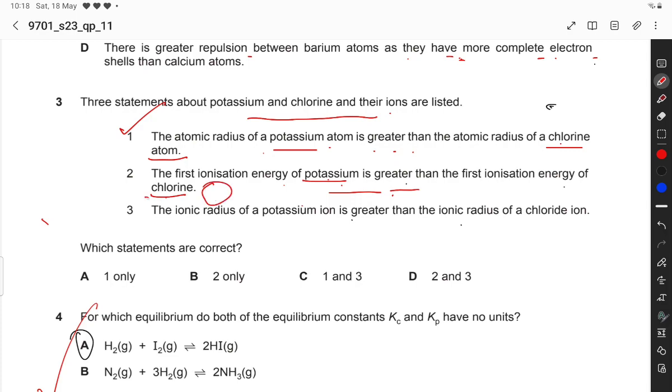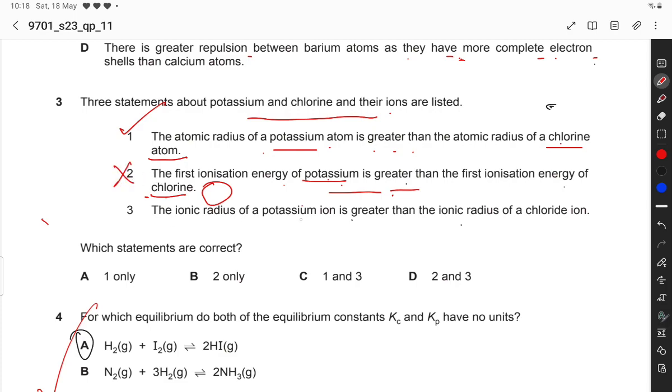So that's why chlorine has a greater first ionization energy than potassium. Potassium is in group 1 and chlorine is in group 7, and if we look at the trend across the period, ionization energy is increased, so that's why this is incorrect.